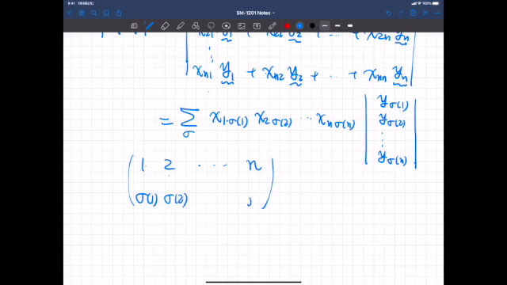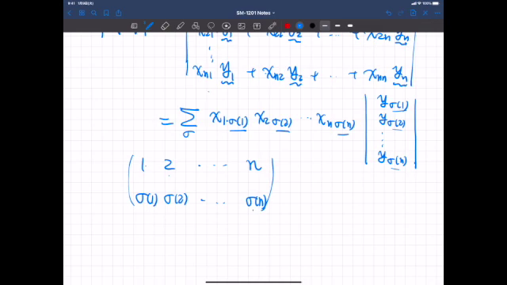And n is replaced with some number called sigma n. So those sigma 1, sigma 2, sigma n are integers between 1 and n, including both. So this is a permutation. These numbers appear as the second index here, and also as the index in this determinant.